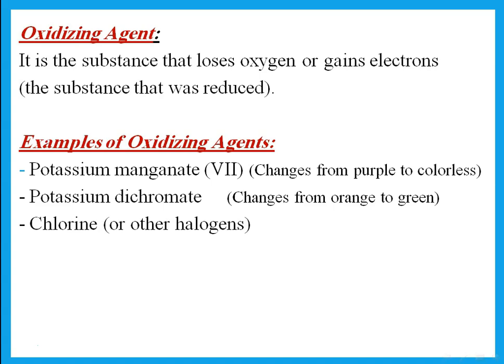So if he tells me that compound A reacted with potassium manganate and changed it from purple to colorless, potassium manganate is an oxidizing agent. That means that the other compound is a reducing agent. Potassium dichromate is something that is orange in color. When it reacts with a reducing agent, it changes to green.